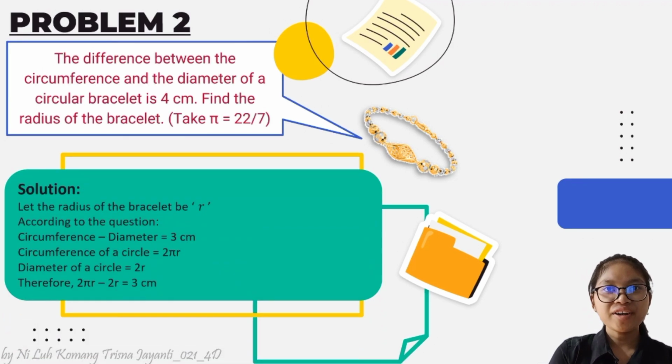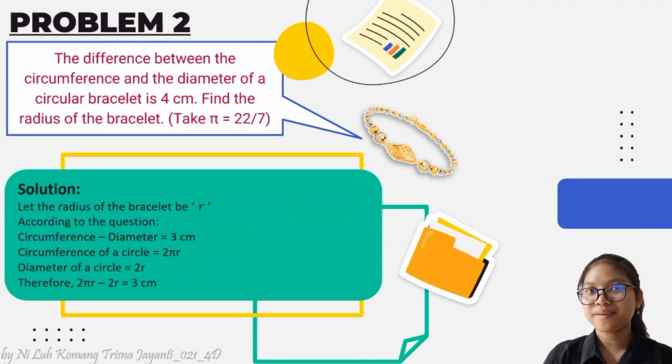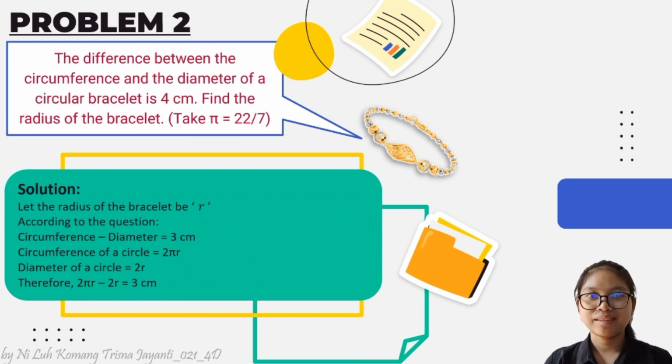Okay, let the radius of the bracelet be r. According to the question, circumference minus diameter equals 3 cm. Circumference of a circle equals 2 pi r. Diameter of a circle equals 2r.